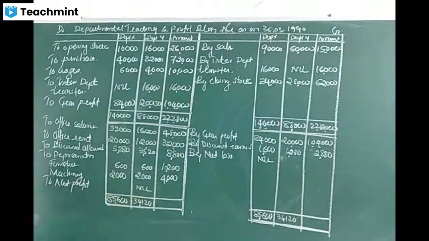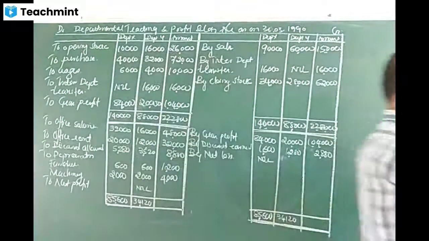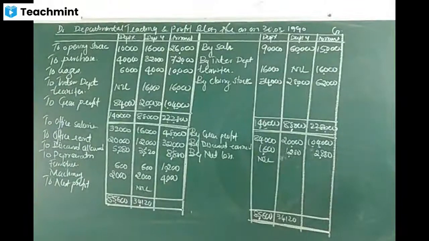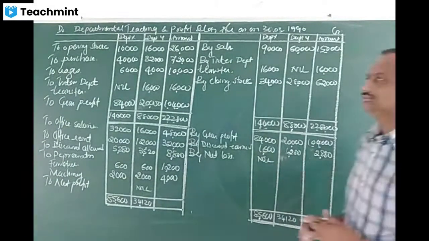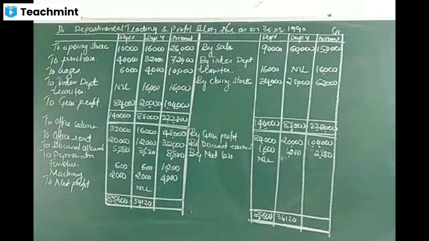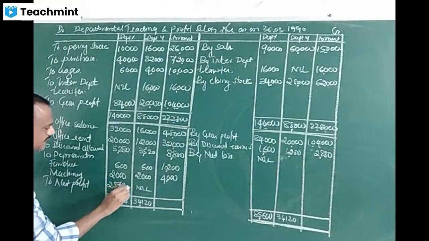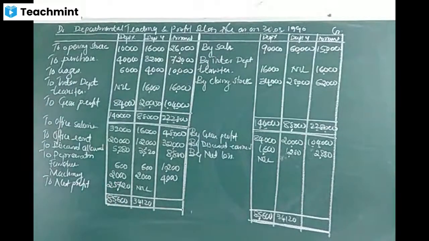So how much is the net profit for department X? Calculate first. 25,720. Okay. Next.